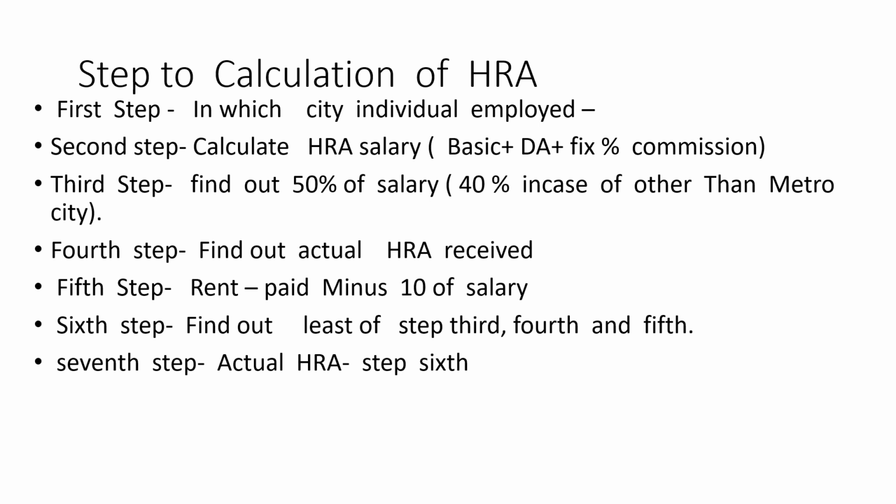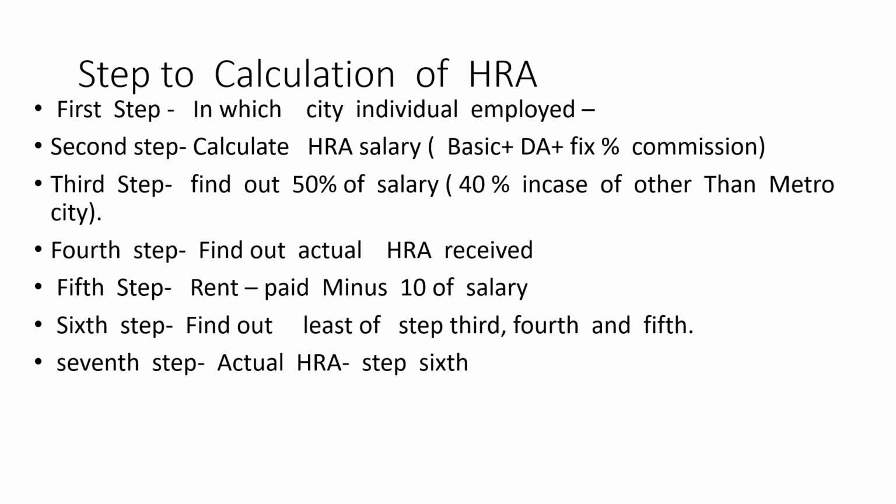Now, for easy understanding, I have made 7 steps for HRA calculation. In the first step, you find in which city he is employed. For example, if he is employed in one of the 4 metro cities, then 50% of salary will be exempted as HRA.